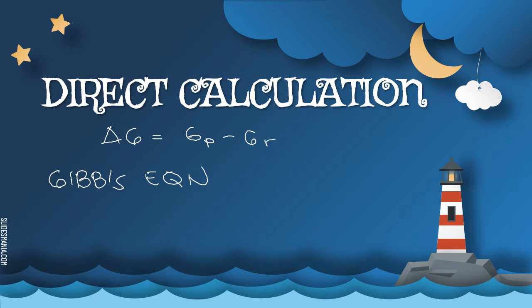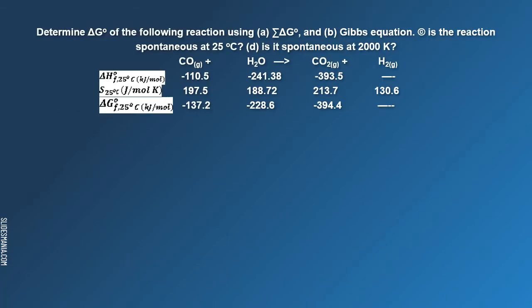While the Gibbs equation is delta G is equal to delta H minus temperature times your delta S. Let's do this example. Determine the delta G of the reaction using the summation of delta G, or our direct calculation, and the Gibbs equation. Question C and question B are to determine if the reaction is spontaneous given the temperature.